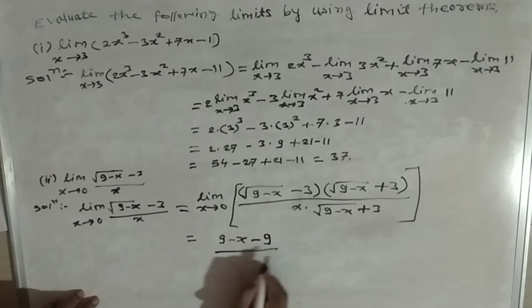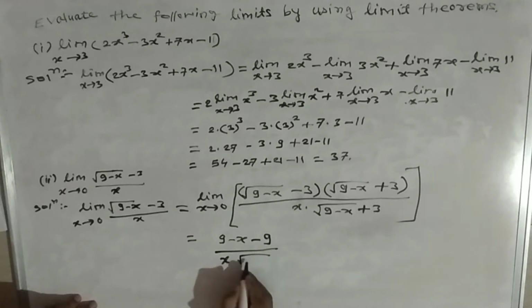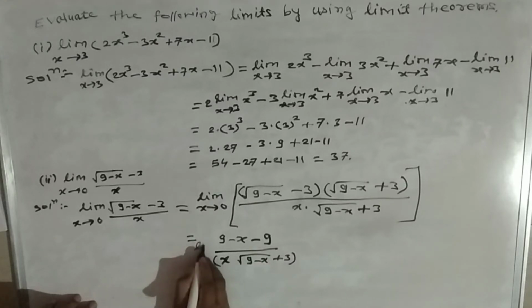So this is divided by x into root 9 minus x plus 3 as it is, limit as x tends to 0.